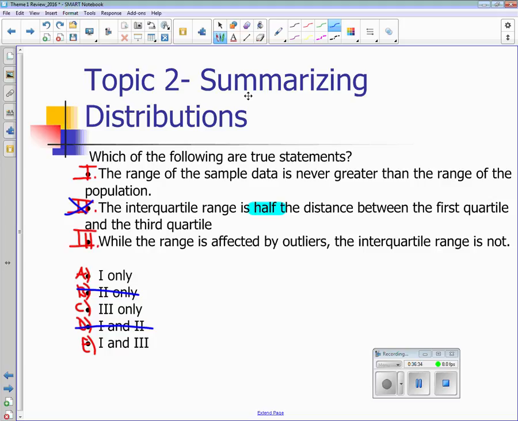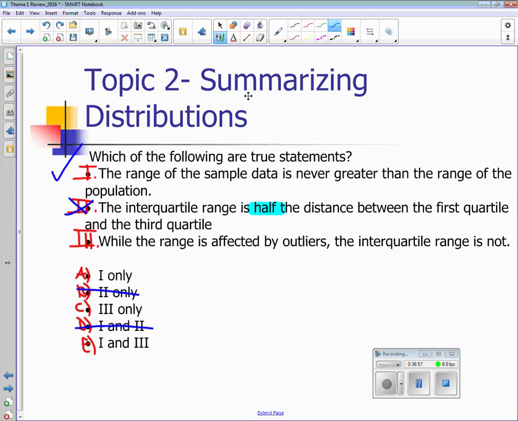You can't have a sample that's bigger than the population. Doesn't make sense. The population it's everyone, right? So the range for the population is always bigger than a sample, okay? It might be the same, right? It might be exact. If you happen to get the first and last numbers in my sample, it could be, but it's never greater. Would you agree?